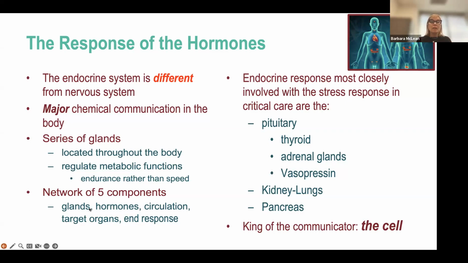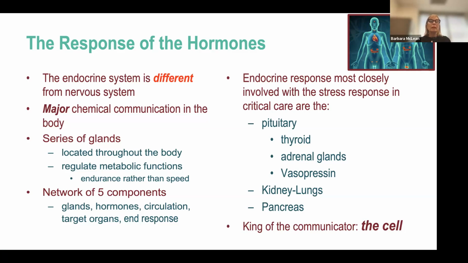And I always like to look at the 5 components when we talk about endocrinology. The gland, and in this case, the first gland would be the pituitary, and then the second gland will be the thyroid. The hormones that communicate between these glands, so from pituitary to thyroid, would be the thyroid stimulating hormone, and then that will regulate the thyroid gland.